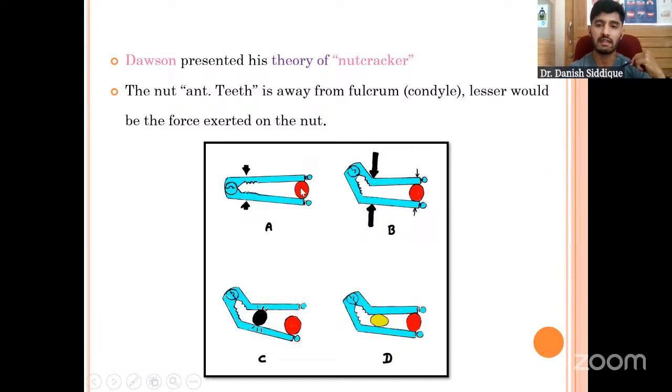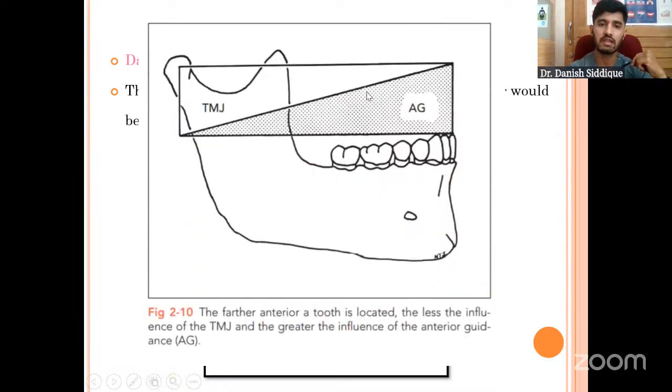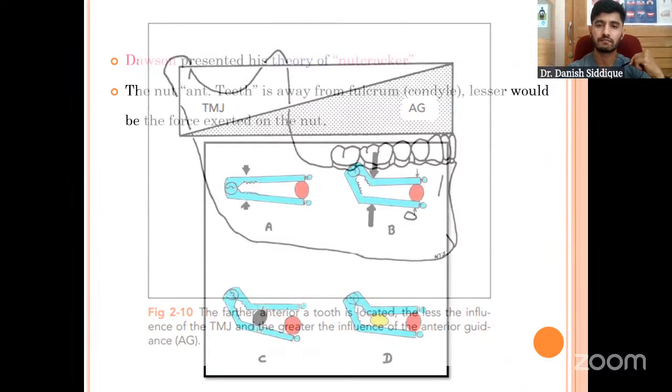If a person has to crack this nut, the amount of force needed if he bites in the front is more compared to the posteriors. That is, anything closer to the nut will definitely have more impact on it. As you see here in the oral cavity, this is the TMJ, that is the condylar guidance, and the anterior teeth are away from the TMJ. So this will have a lesser amount of force acting on it. So these teeth can produce more disocclusion posteriorly.